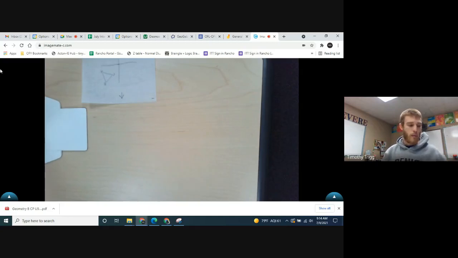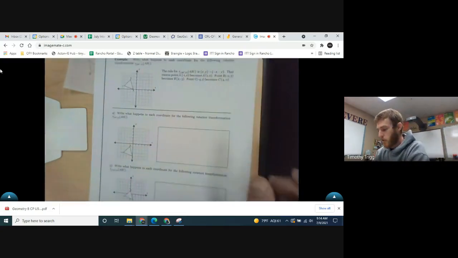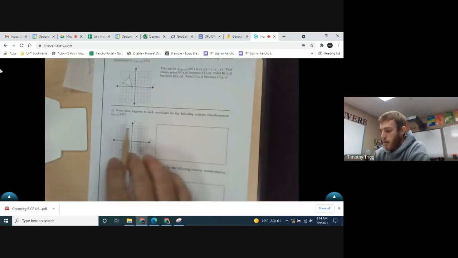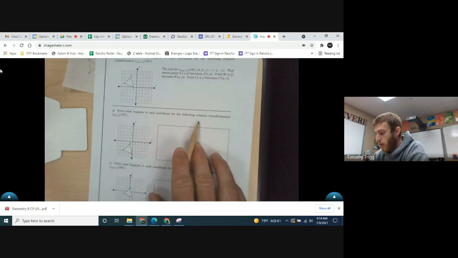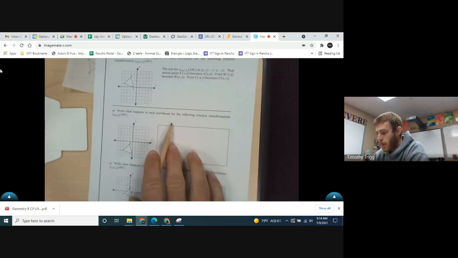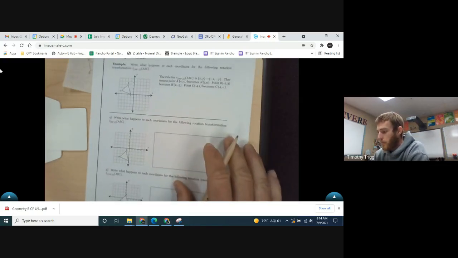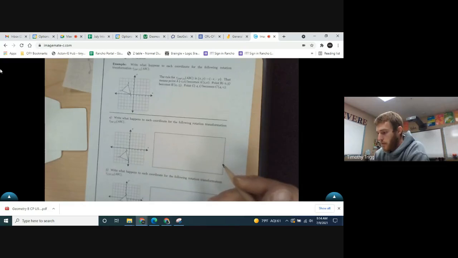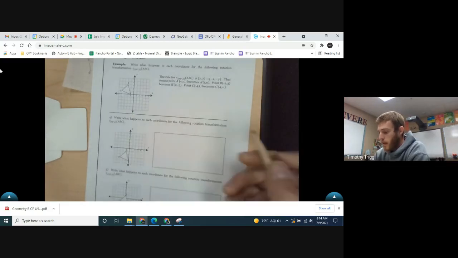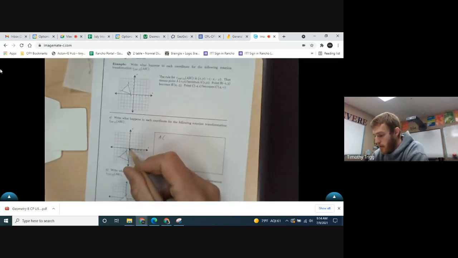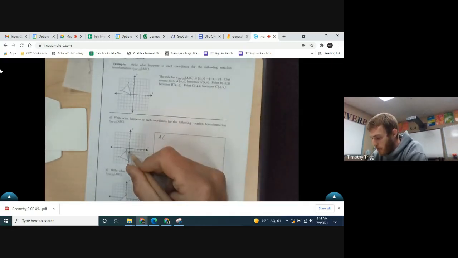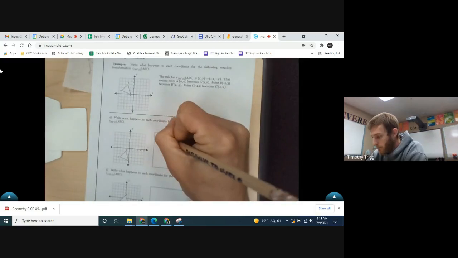That was page 21. Let's go on to page 22 here, and we'll talk more about rotations. For question 4, it says, write what happens to each coordinate for the following rotation transformation. So we want to write where the coordinates go, basically. Let's write down the original coordinates. For A, it's originally at 0, -4.